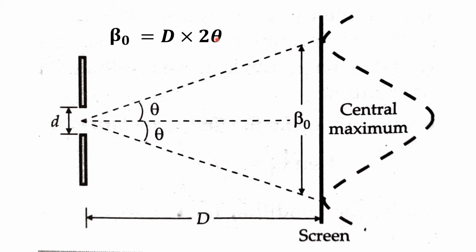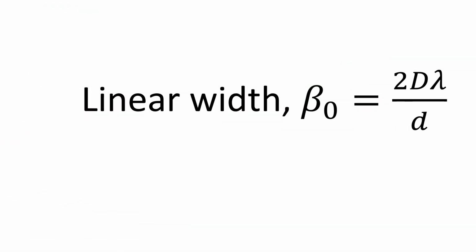And what is your theta? Theta is the half angular width, and we have derived your half angular width. How much is that? Lambda by small d. So beta naught, or your linear width, can be written as beta naught equals twice of D lambda by small d. This is my linear width.